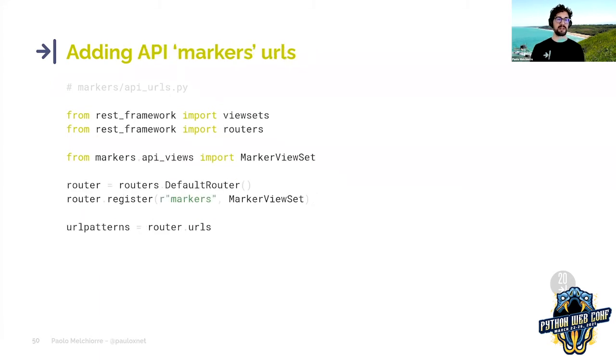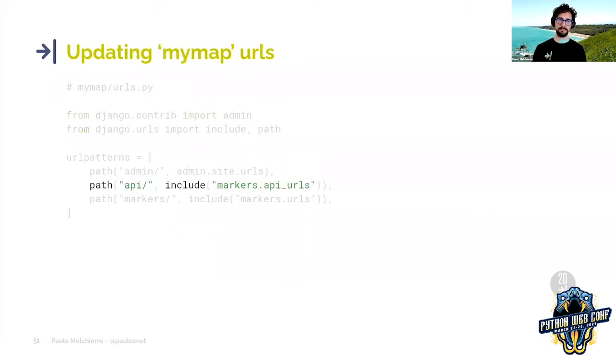In the markers application, we define the URL of our new endpoint using the Django REST framework default router to create our path. Finally, we add to the definition of our URL of our project a new path for the API that includes the path just specified for our marker app.